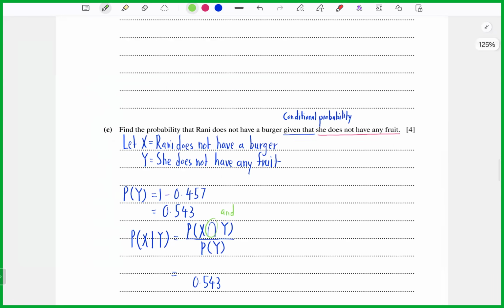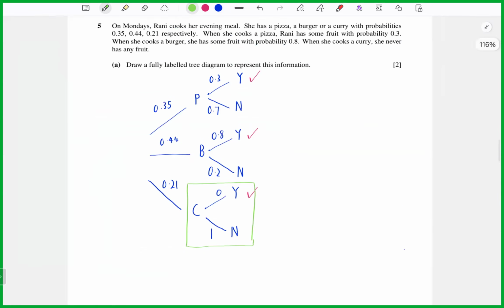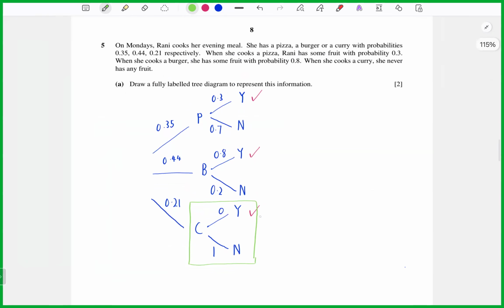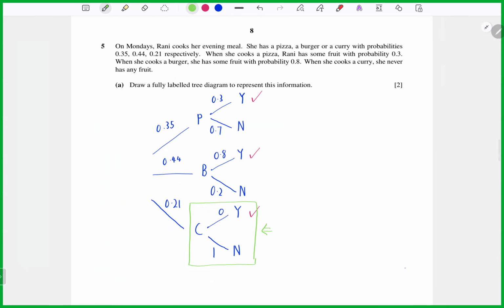Wait a minute. No burgers. So it means you cannot take from this part. You should take from here, I use the color, because Rennie does not have burgers, right? After that, no fruits because the question says no fruits.